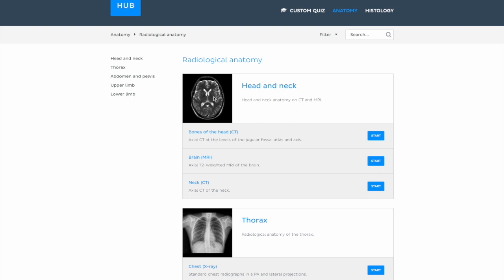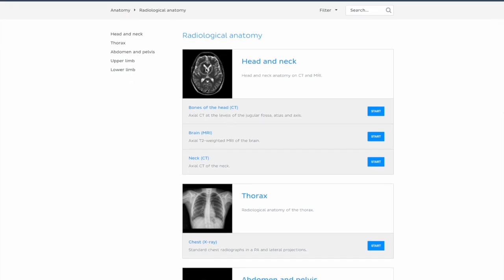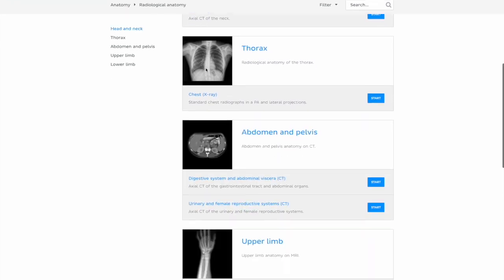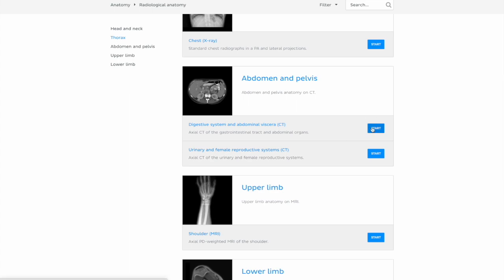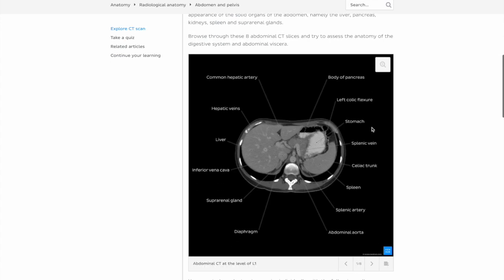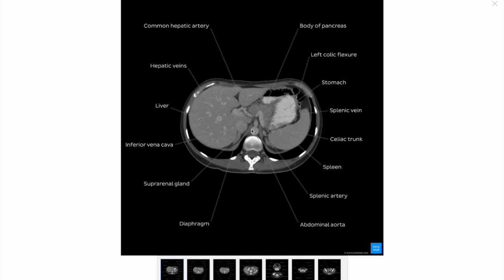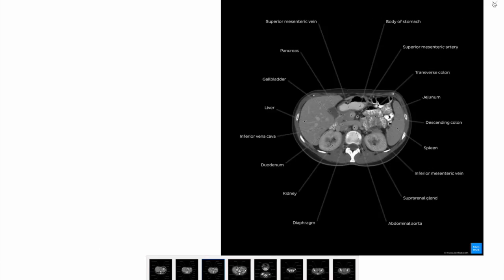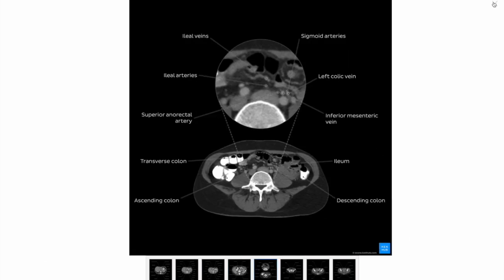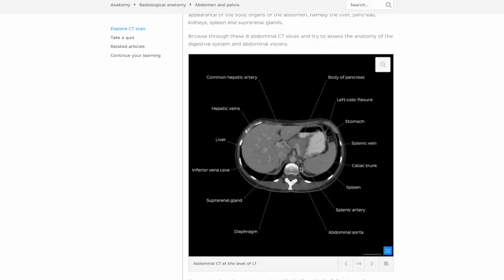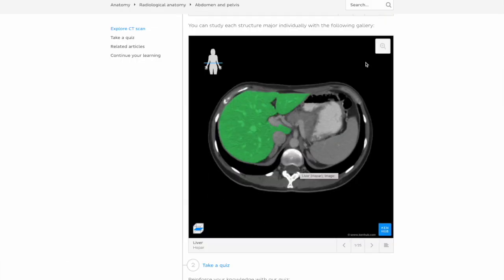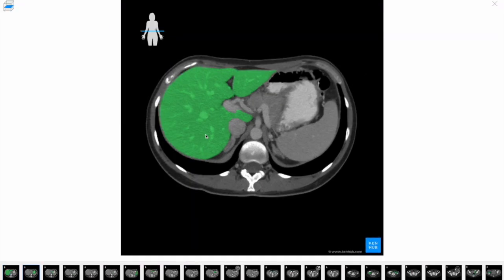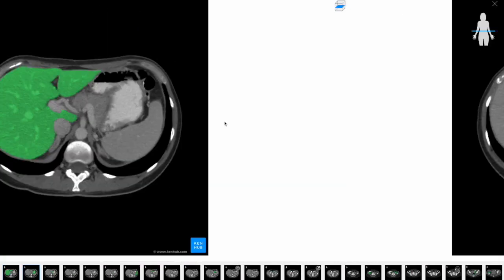You know how to read brain MRI, how to read the CT, and especially the abdomen and pelvis. I think a lot of questions rely on you knowing the orientation and the level of this CT section. And he's showing you with overlays here. This is the liver, for instance.